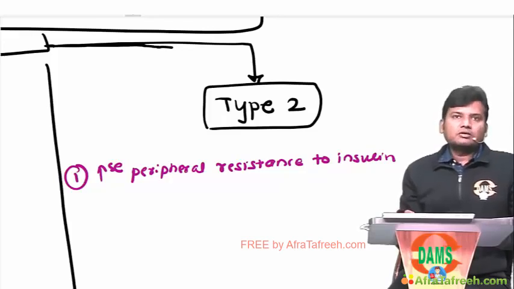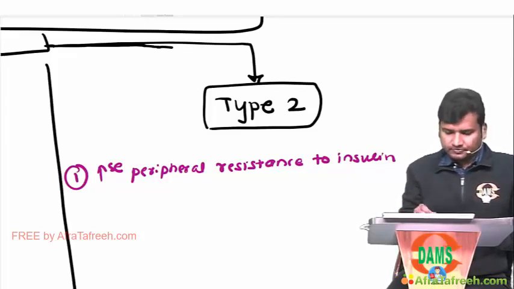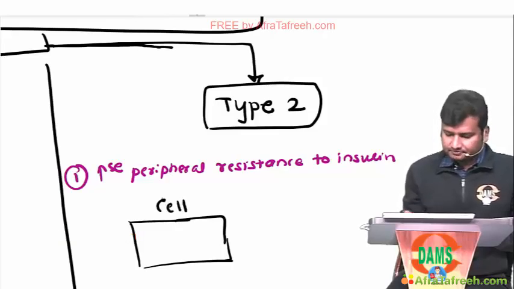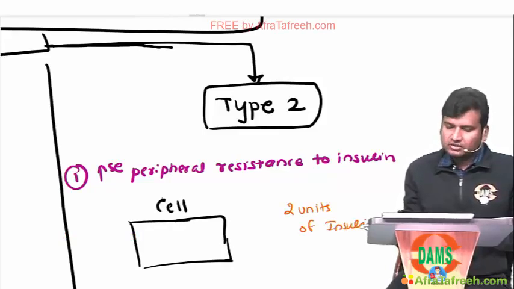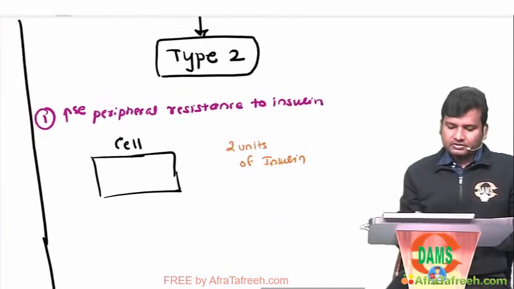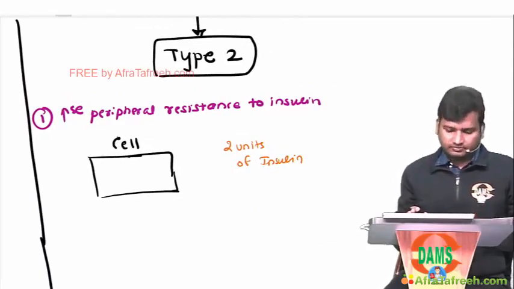Now what is the meaning of increased peripheral resistance? Suppose this is a cell. This is our normal cell, and only 2 units of insulin is required to perform the normal action of this cell. Just imagine a normal cell requires 2 units of insulin to perform its normal function. Okay.